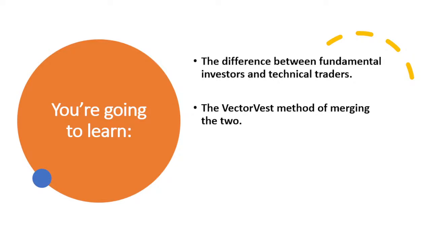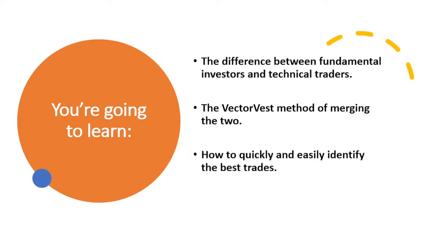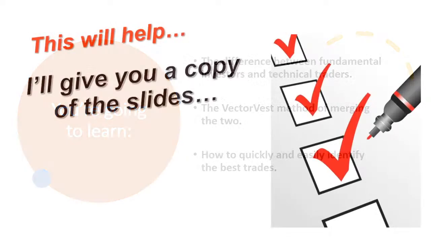You're going to know in a moment some of the things that fundamental analysts study and parse through, the type of data that they go through. If you're not a VectorVest subscriber, you may be doing this, trying to assess future price, right? We have a very easy way of identifying that. And then finally, how to quickly and easily identify the best trades.